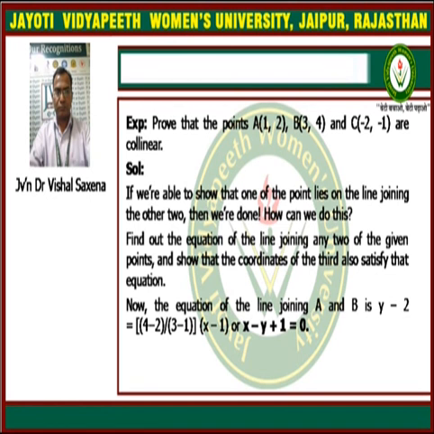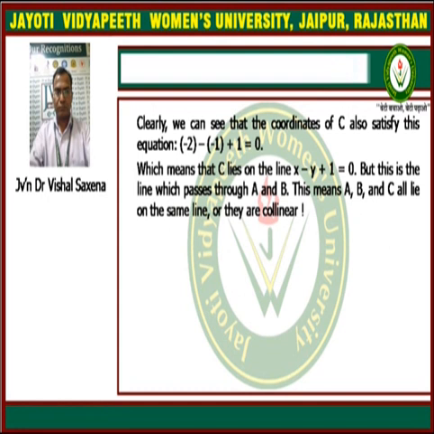This x minus y plus 1 equal to 0 is the equation of straight line AB. And now we can see that if the point C lies on it, then the coordinates of the point C will satisfy this equation. If we put the coordinates of point C in the equation of line AB, we get minus 2 minus 1 plus 1 equal to 0.